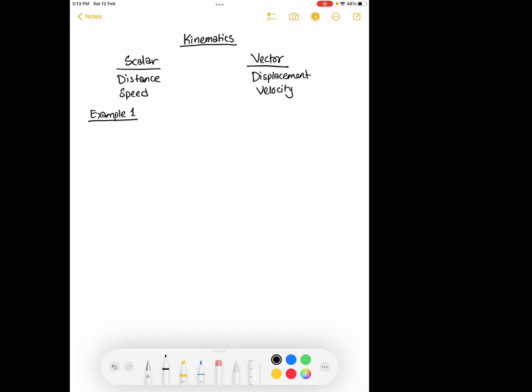There is no difference for speed, velocity, right? I'll just show you what these are using examples.